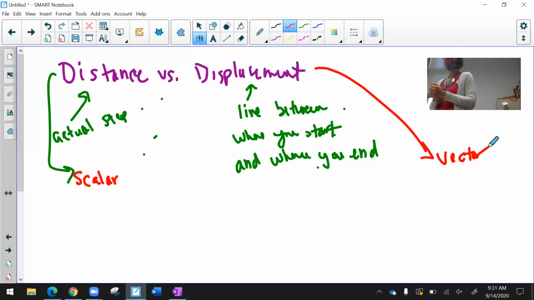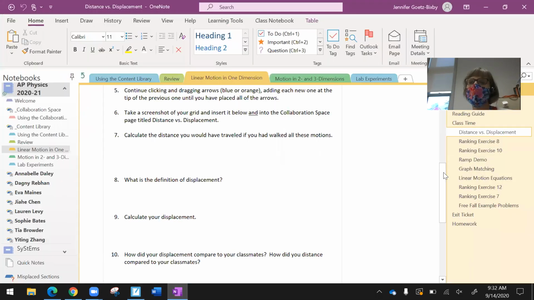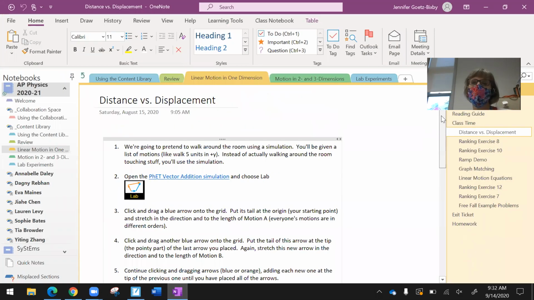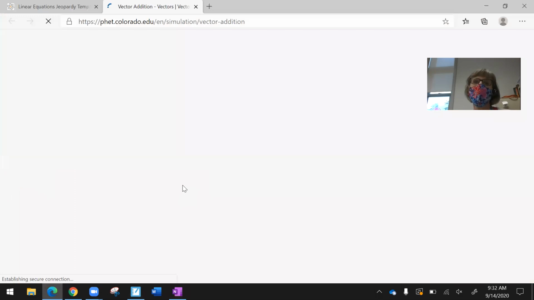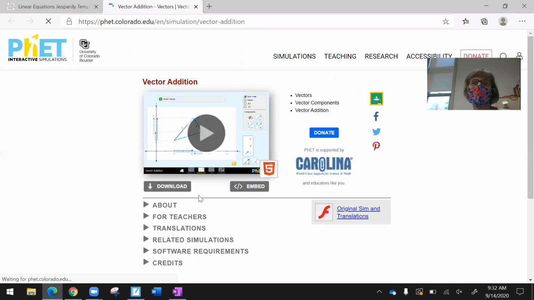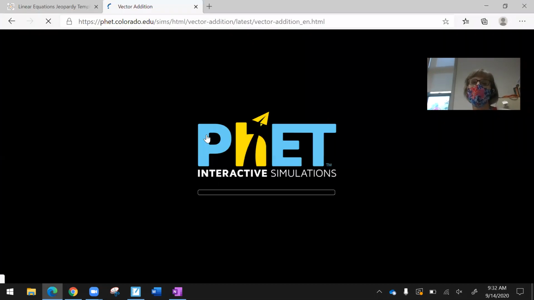All right. Okay, so what I would like you to do, since we have time, is to do the distance versus displacement activity. Okay. And that is going to involve using PhET, okay, for vector addition.